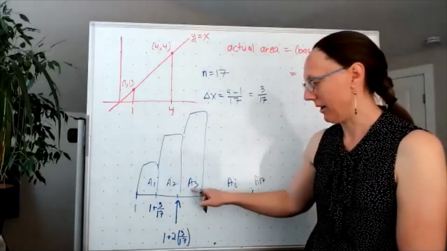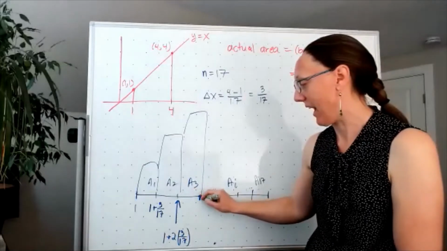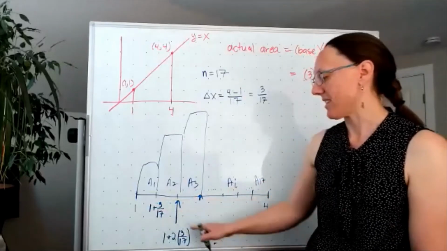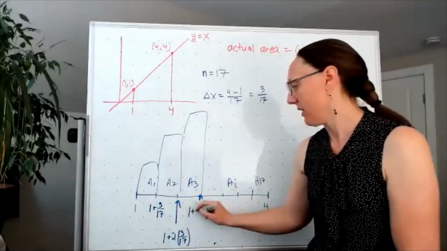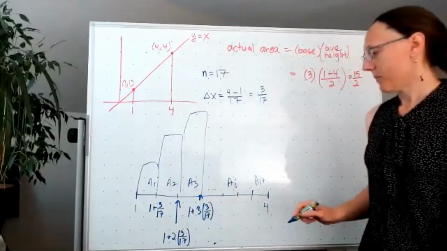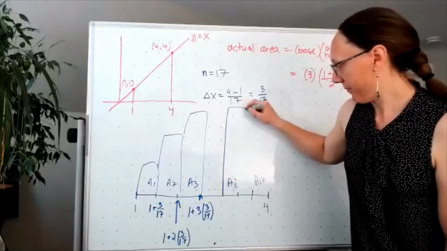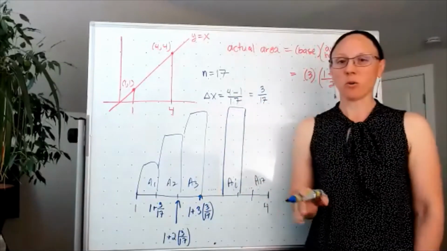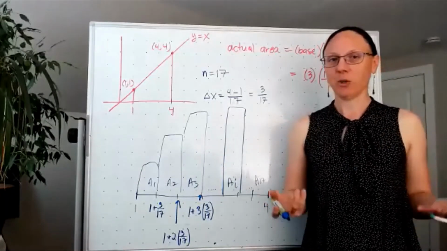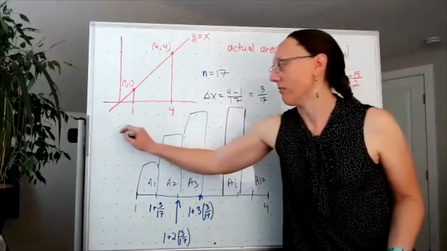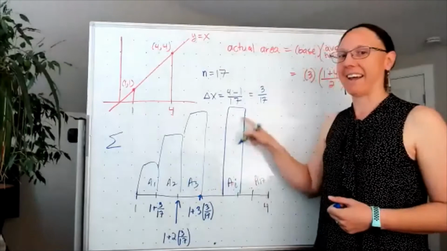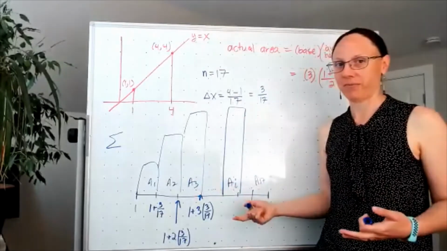Hopefully we're getting the picture. On my third rectangle, that right-hand side, we started at 1 and we moved 1, 2, 3 sets of 3/17. Now, because we know we're going to be adding all of these areas up, and conveniently, we've talked about this new notation involving a sigma, it sure would be cool if I knew what the ith rectangle looked like.